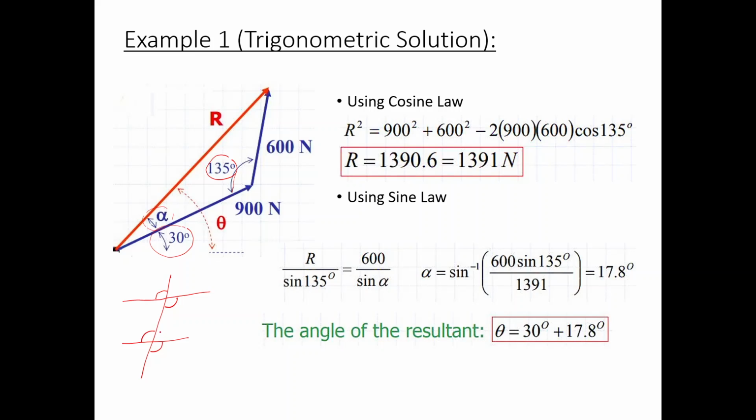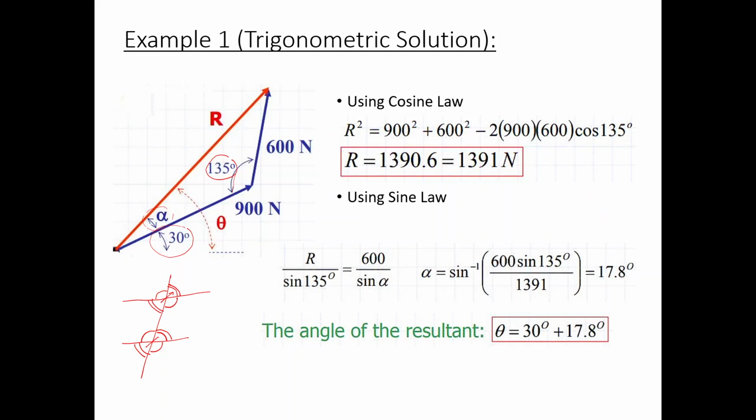Adjacent angles are supplementary. This one is alternating, so this one is alternating also. And going towards here, it's opposite, so congruent. I think that's the topic that you need to review in your trigonometry.